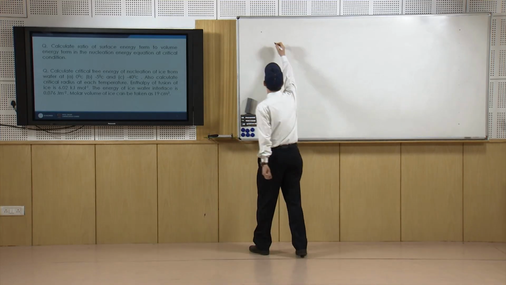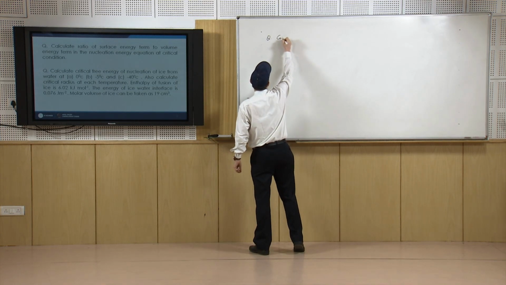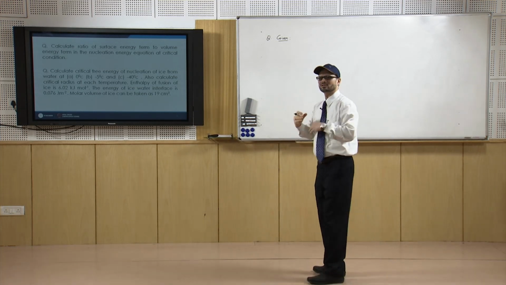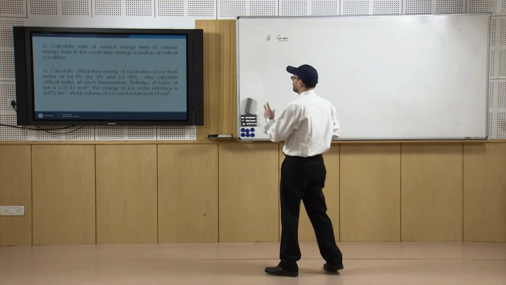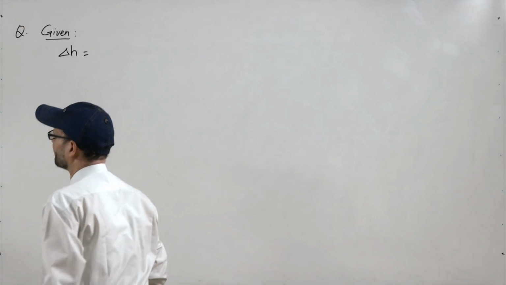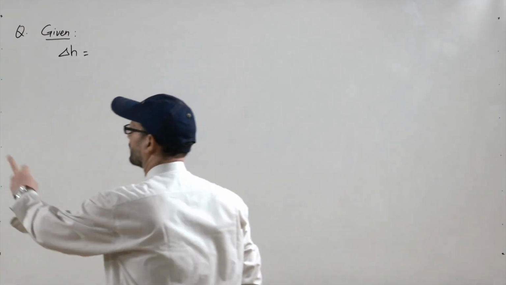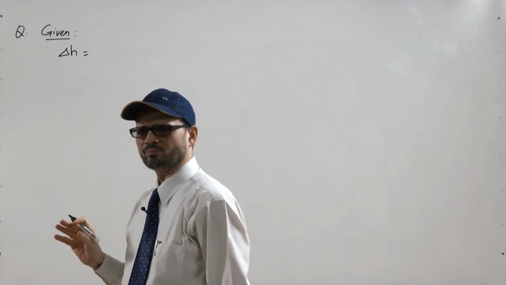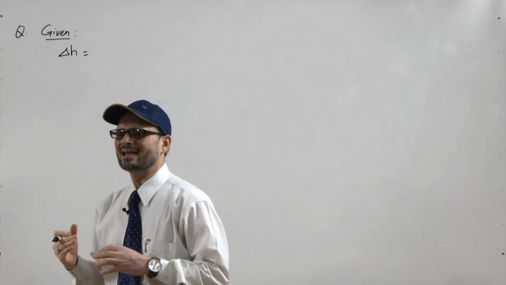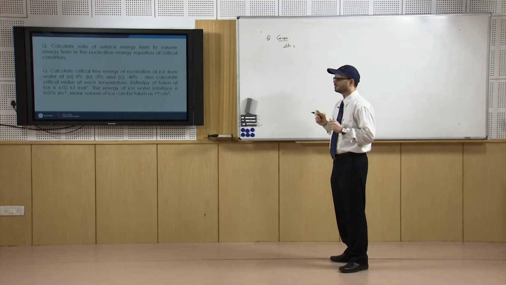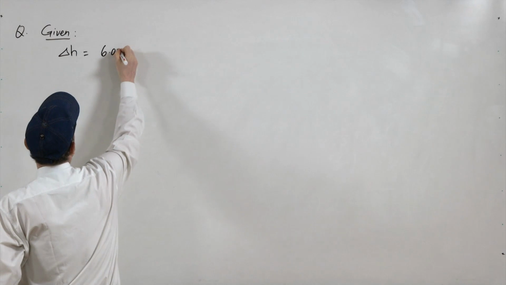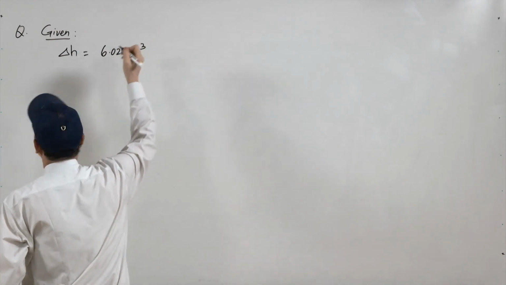Now, in this question we have few things given. We have been given the temperatures that we will see one by one. We have been given the delta H, enthalpy of fusion of ice, which is 6.02 kilojoule per mole, and the molar volume is 19 centimeter cube. So, basically delta H is taken as the enthalpy of fusion per unit volume. So, it will be 6.02 into 10 to the power 3 joule per mole.